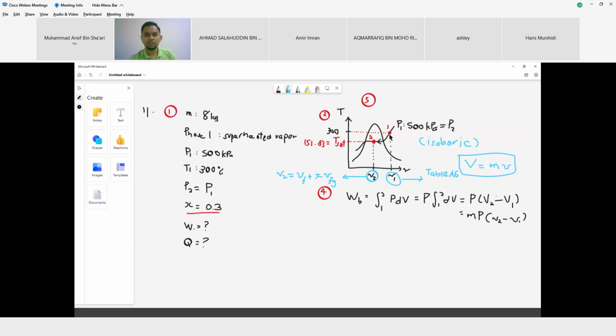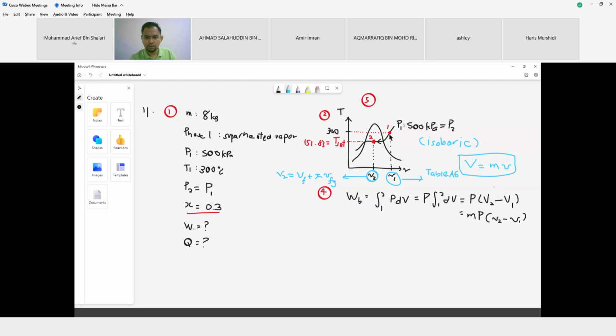Last week, for the case of superheated vapor, table A6, they have a lot of small columns. In each small column, they have their own respective pressure.